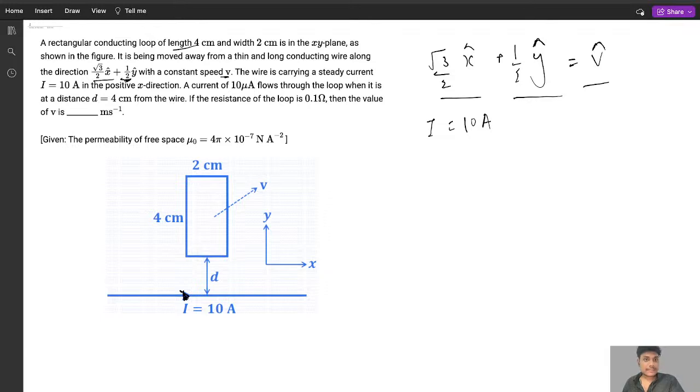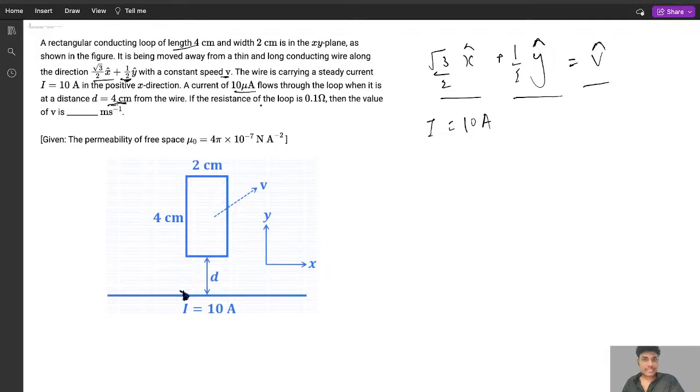A current of 10 microampere flows through the loop when it is at a distance of 4 centimeter from the wire.